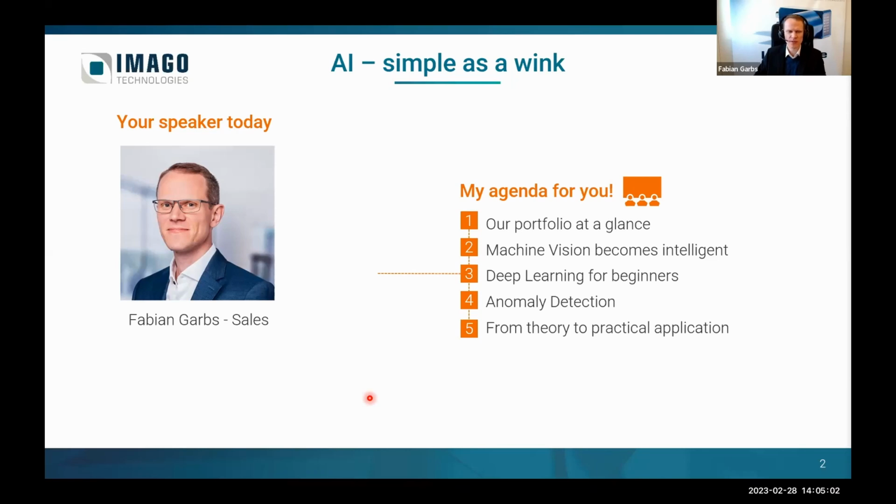So this will be interesting for those of you who are new in this field or want to use a very easy to use camera. Then we go into detail in the anomaly detection, where I have also some possible examples for you. And in the end, we go from theory into practical application.